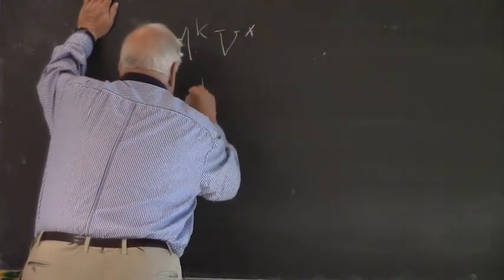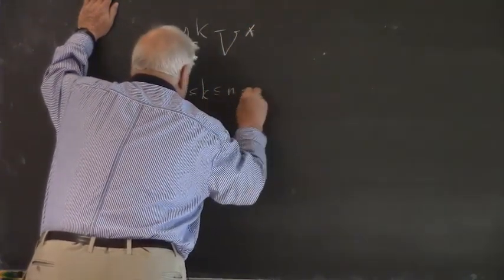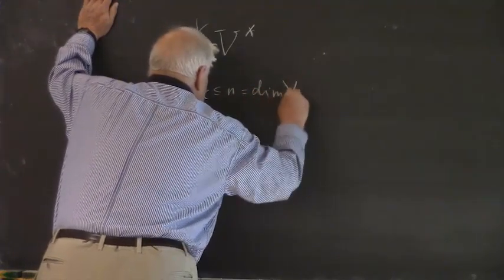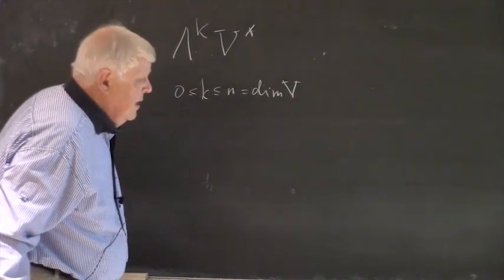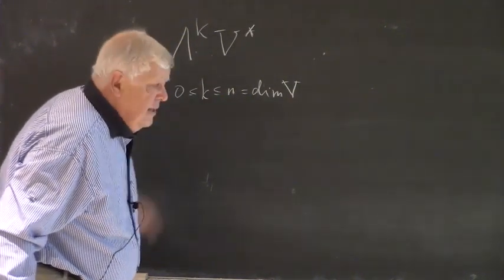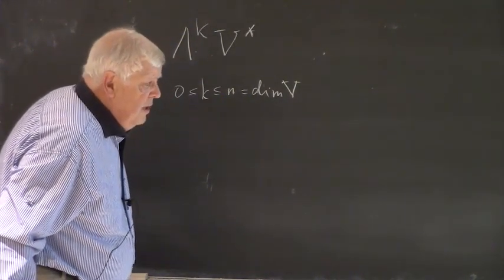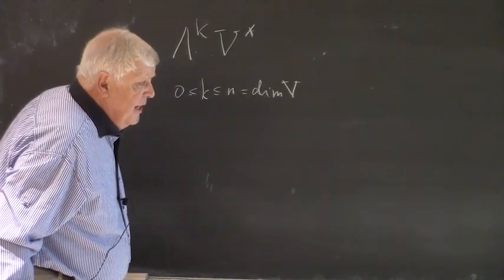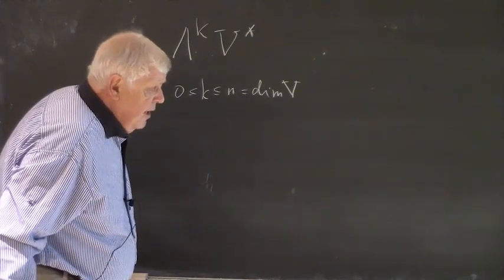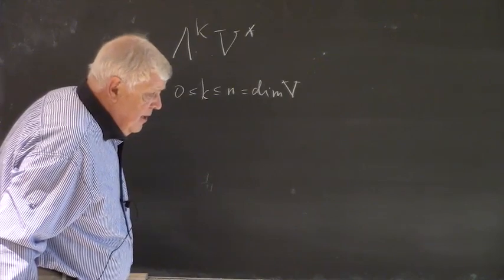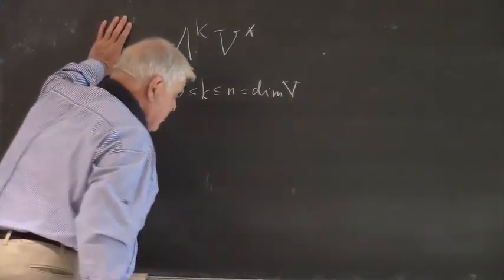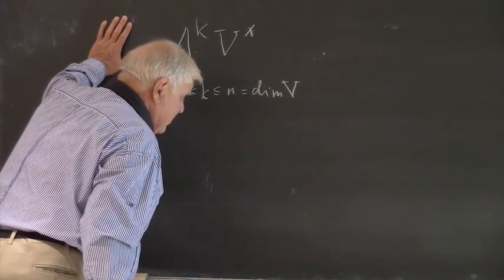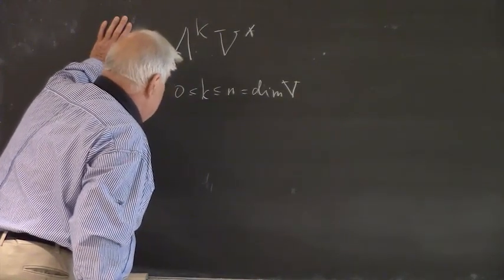So k is a number between 0 and n, which is the dimension of V. V is a real vector space, and this is the space of all forms which are k-linear, depending on k arguments in V, and skew-symmetric. That is, they change sign when you swap two arguments.